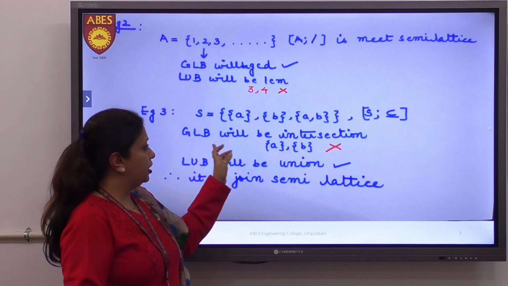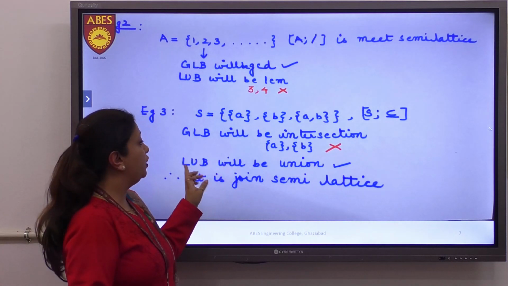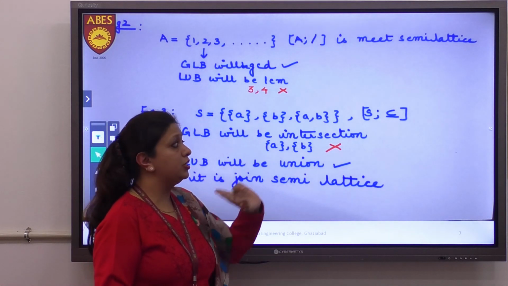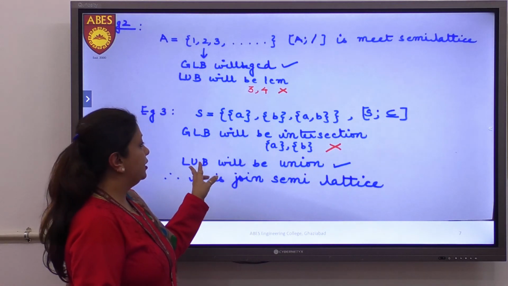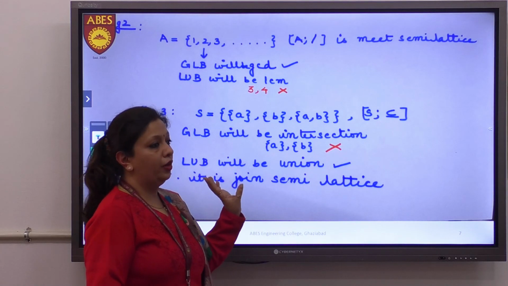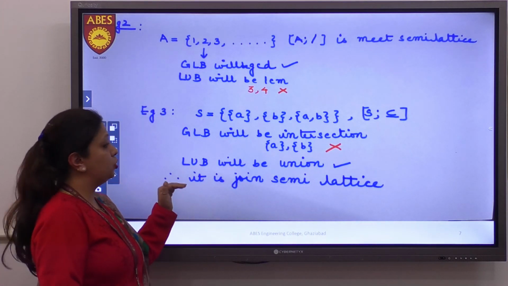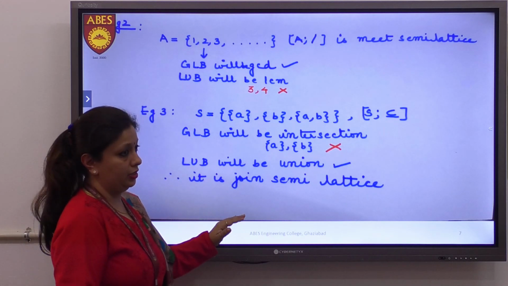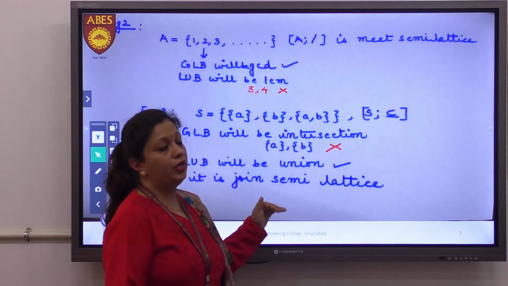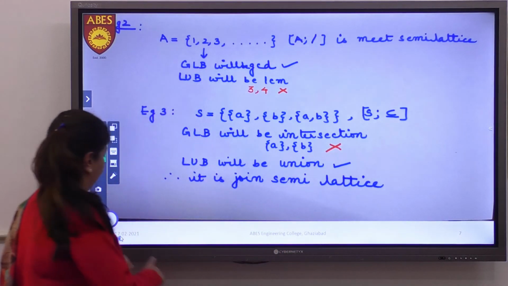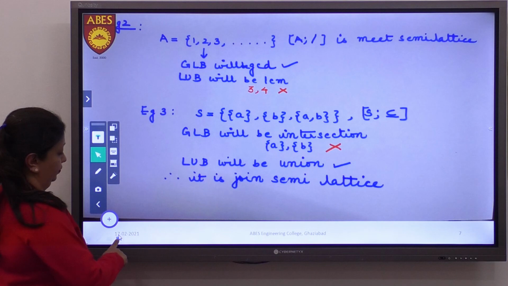So it doesn't satisfy the first condition. Then we'll check for LUB. LUB will be union. If I take any two elements, the union is present over here. So we can say that LUB for every pair of elements exists. And since LUB exists, GLB doesn't exist, so it is a join semilattice. So this is the basic difference between a meet semilattice, join semilattice and lattice.